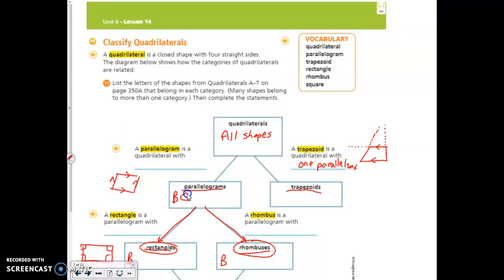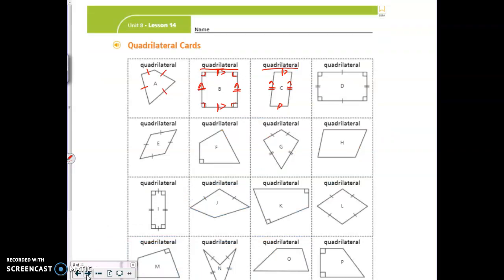And once we determine that it is a parallelogram, now we need to determine, is it just a parallelogram? Is it a rectangle? Is it a rhombus? Well, we talked about with shape B that all four sides had to be equal for it to be a rhombus, and in this case we don't have four equal sides. The opposite sides are equal, but not all four. So then we take a look at the angles, the right angles or the rectangles that we are talking about, and to be a rectangle it must have four right angles.